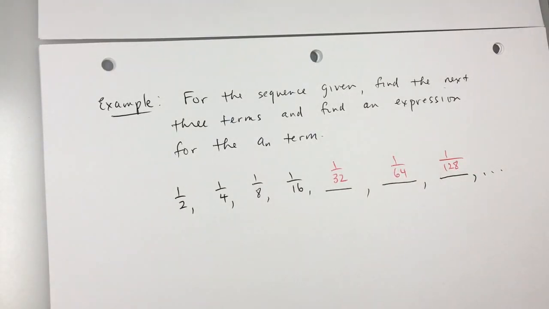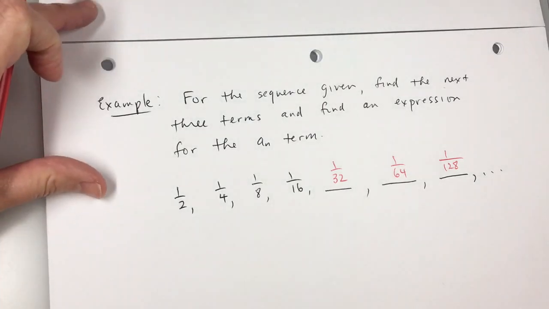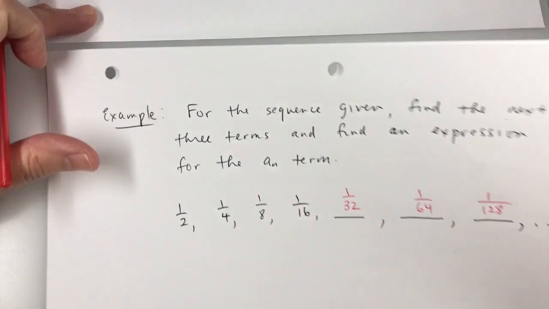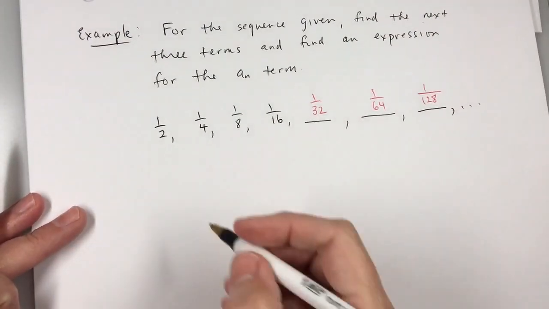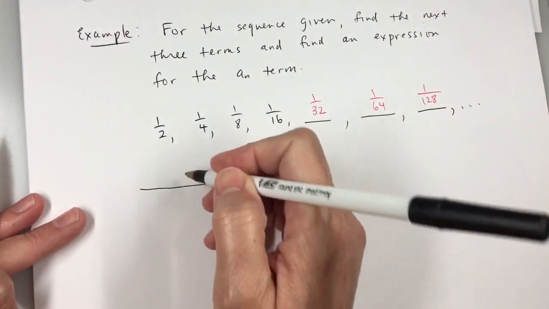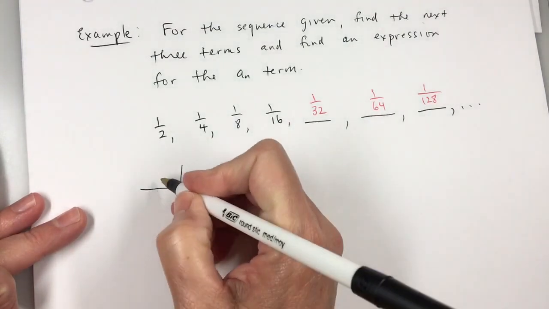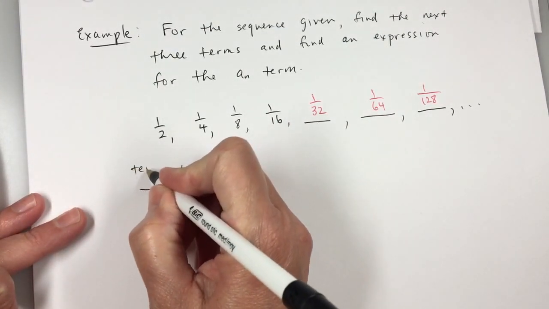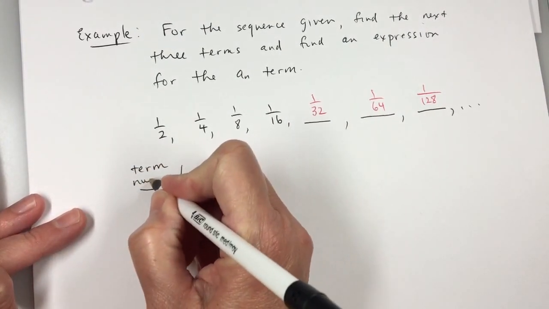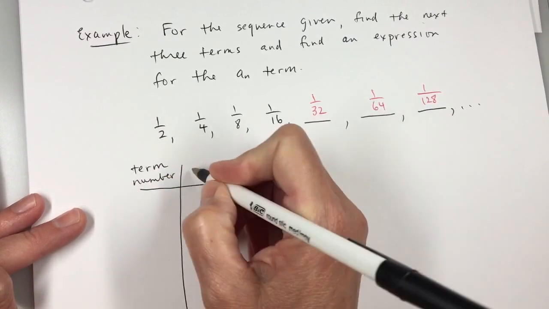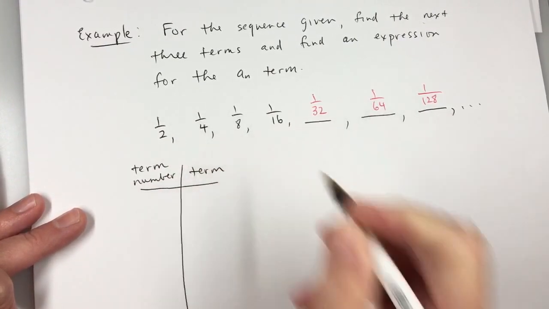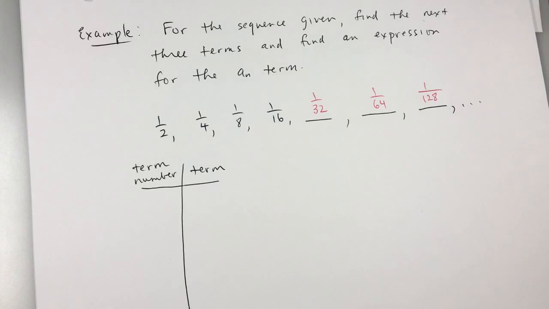And if I want to get an expression for the a sub n term, if you're a little confused about it, I would suggest that you go with that little chart like I did on the previous problem, where I might say, okay, here's my chart. What exactly is happening? Here's the term number, and here's the term. And let me make a comment about term number.